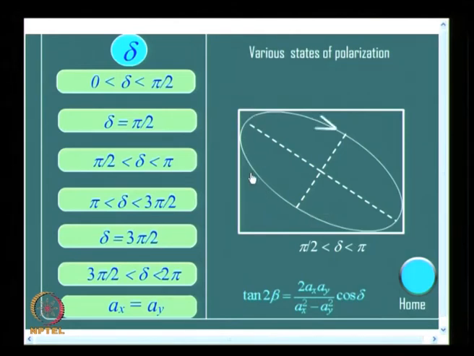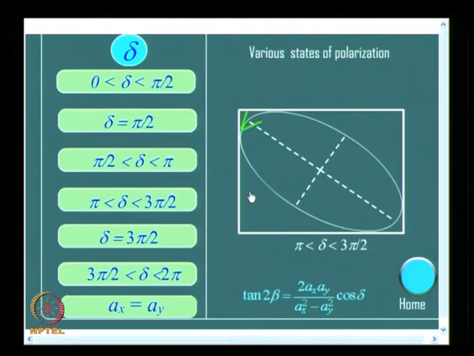If I go to the range pi to 3 pi by 2, you will find the handedness also changes. The orientation remains the same, but the handedness changes. So what you find here is, for different values of delta, you see different forms of elliptically polarized light.